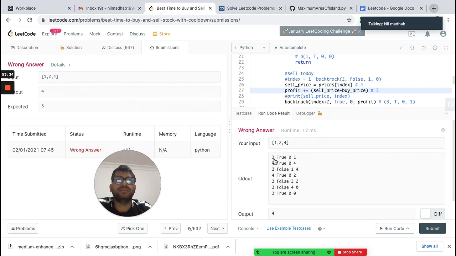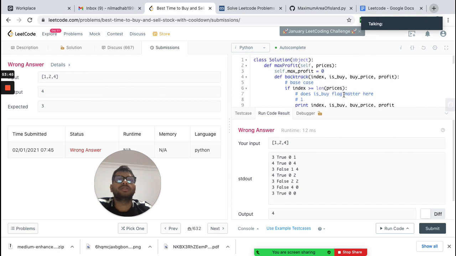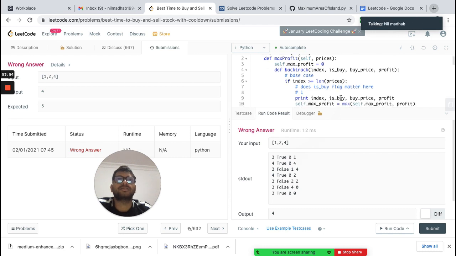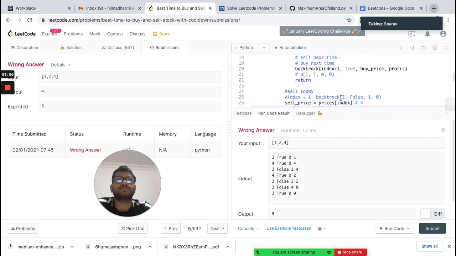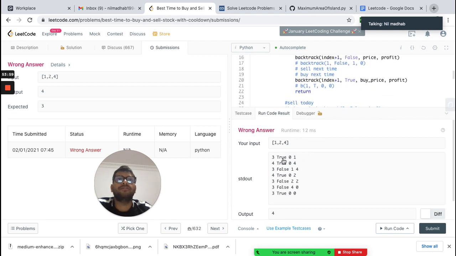So we have 3, true, 0 and 1. 3 is the index, 0 is the buy price, and 1 is the profit. Yes, that is the first case. And now we have 4 as the index, 0 as the buy price, and profit is 4. So how are we getting profit as 4?